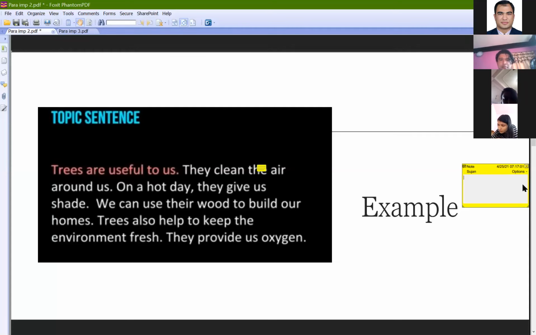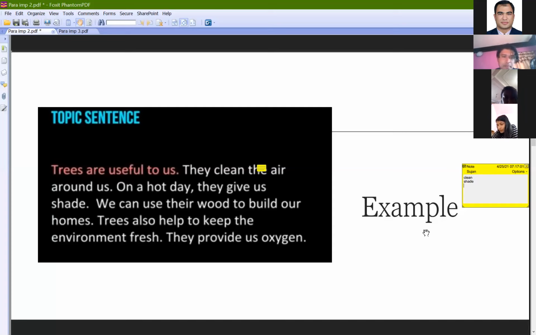Now, why is it useful? Trees are useful because they clean the air. Trees are useful because they give us shade.